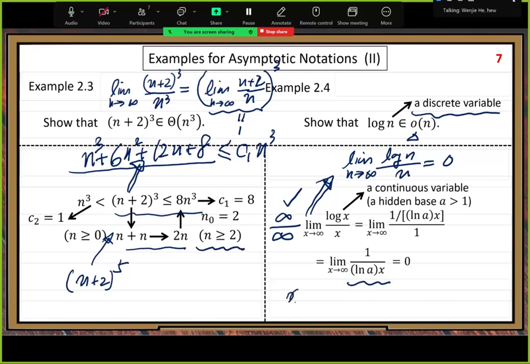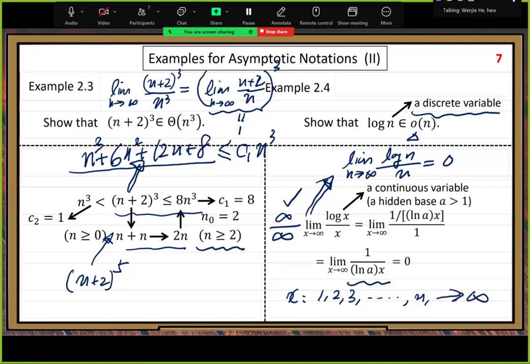So we make x take a special way, the discrete consecutive integer way, 1, 2, 3, to infinity. Because we know infinity is not a number.